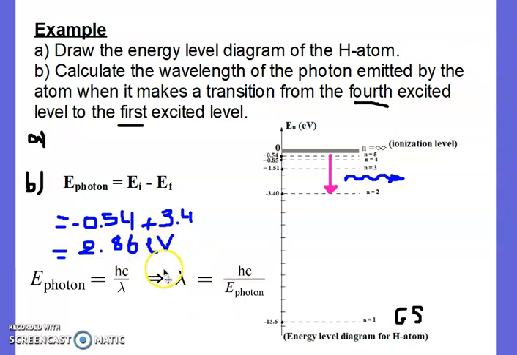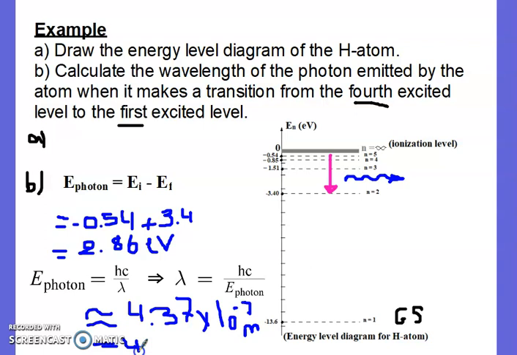Change it into joules, and then you get the value lambda approximately 4.37 times 10 to the power minus 7, or meter, of course, meter, which is 437 nanometer. Okay?